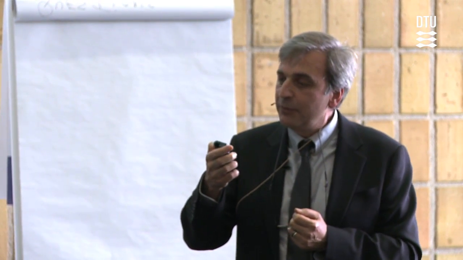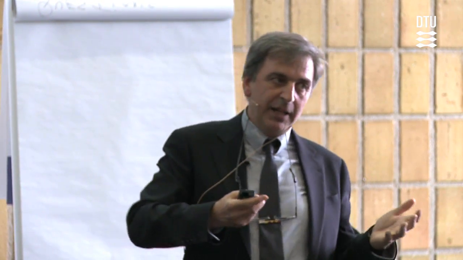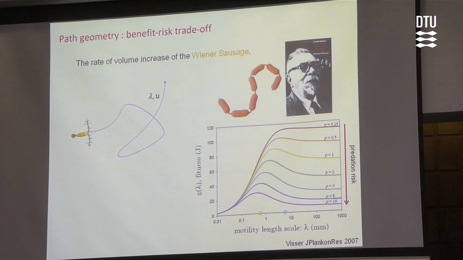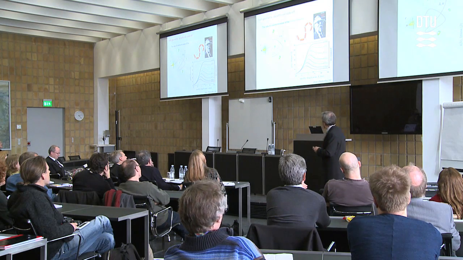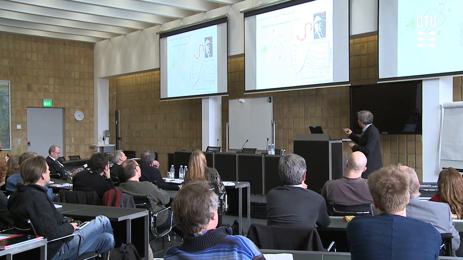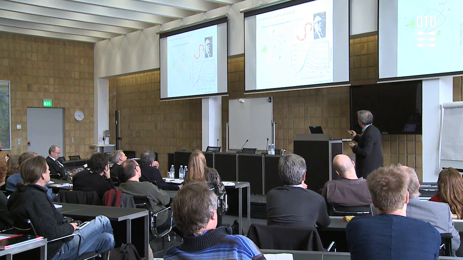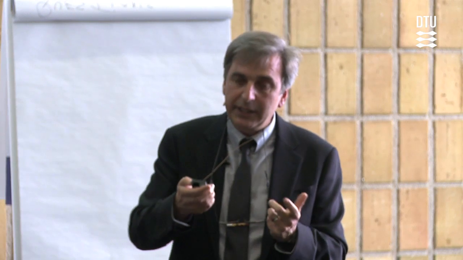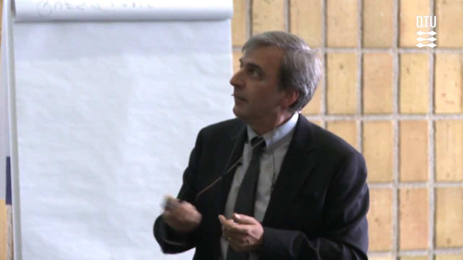Essentially, you can analyze it in this way. You have an organism that's swimming in some particular way, and its path is characterized by speed and a bendiness, this lambda here, that says something about how convoluted the path is. At the same time, it has a radius to detect prey, and so it sweeps out a particular area due to that, and also has a danger zone that sweeps out a volume.